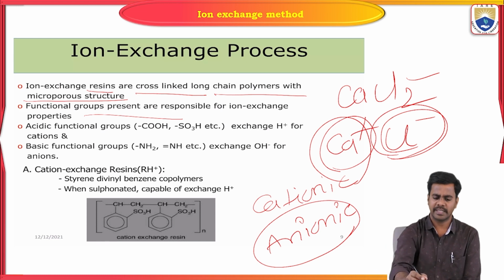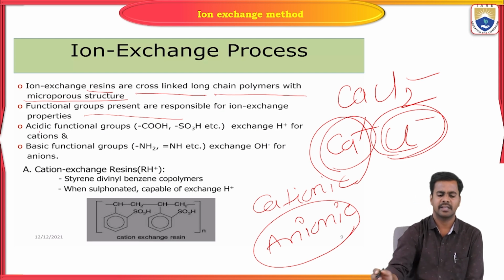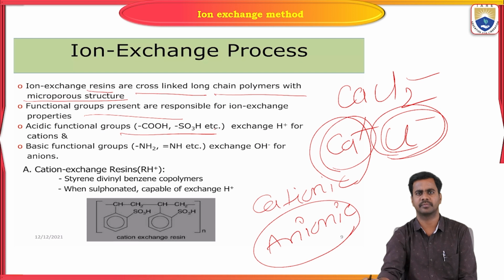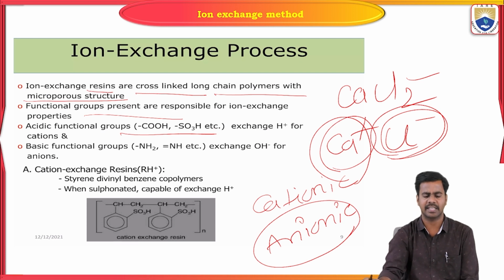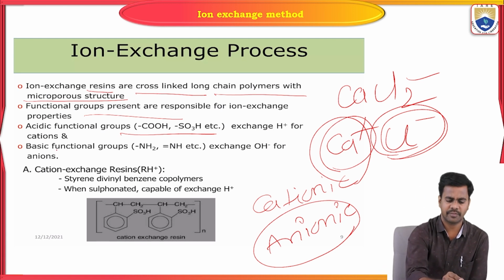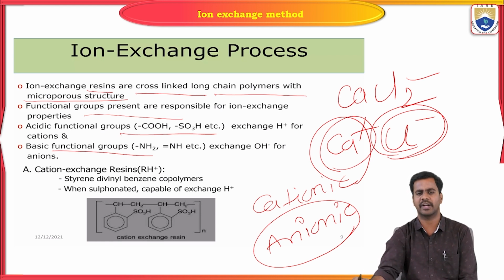Resins which contain acidic functional groups like COOH, SO3H, etc. act as cationic resins, whereas resins which contain basic functional groups act as anionic exchange resins.